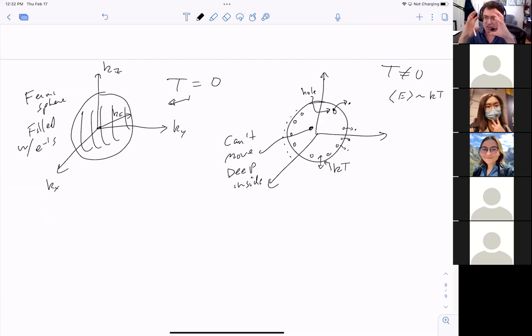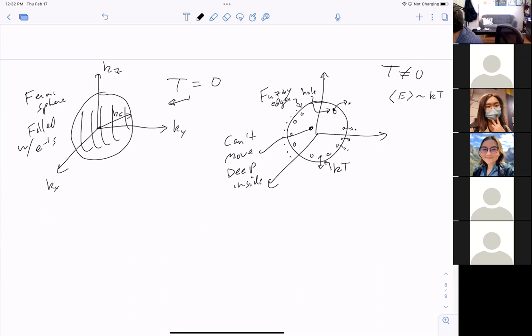The sphere is still there, but the edges of the sphere get fuzzy, because that's where the electrons are jumping out. So basically, I get fuzzy edges. That's how you should visualize it in your mind. As I turn on temperature, the Fermi sphere just sits there, but the edges get a little fuzzy because of this thermal excitation.